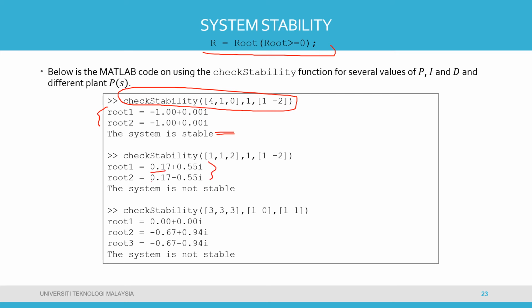Remember, this is more than 0, and for this case, more than or equal to, this is 0 also. So of course it is not stable. So this is how you use polynomials inside MATLAB to determine the system stability. Make sure you know how to do this, how to get the roots, how to analyze the roots.